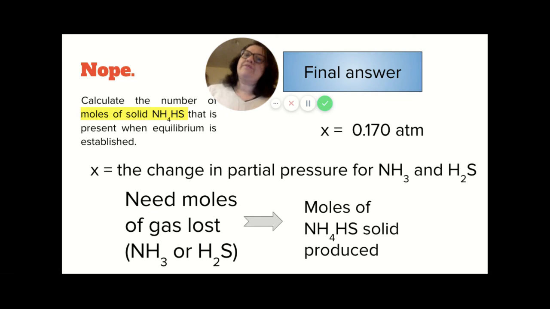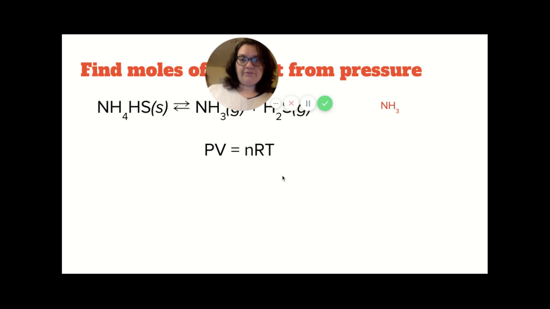How many moles have to be consumed to account for this loss of 0.17? So, ideal gas law. Solve for the moles of either of these gases. Doesn't matter which. Pause me, work on that, and then look at my answer.